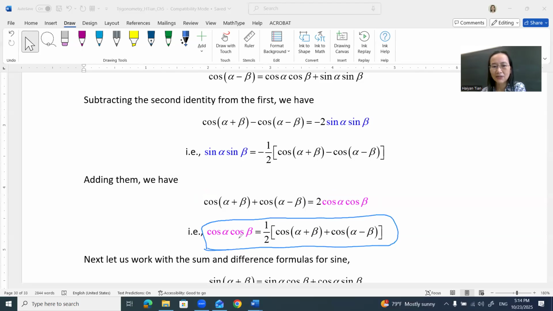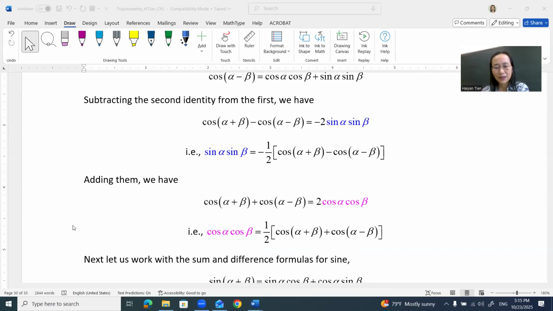Just put cosine alpha, cosine beta on the left side, so we can see this. The purpose of that identity is to write the product into the sum of two functions. You see, from the product of two functions, cosine alpha and cosine beta is now becoming the sum of two functions. Either sum or difference. That difference is also a special sum.